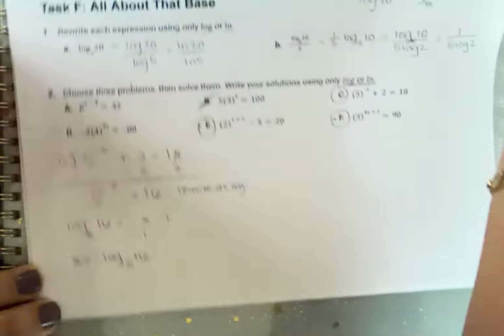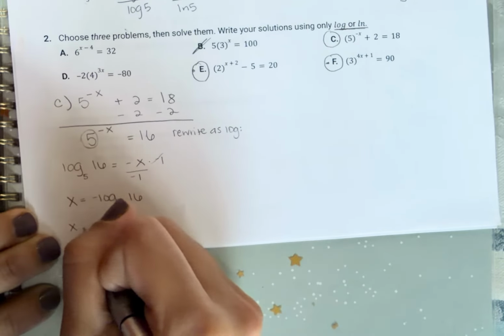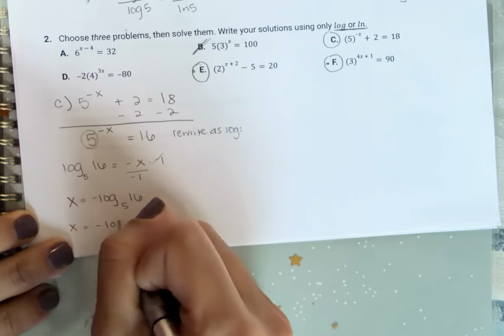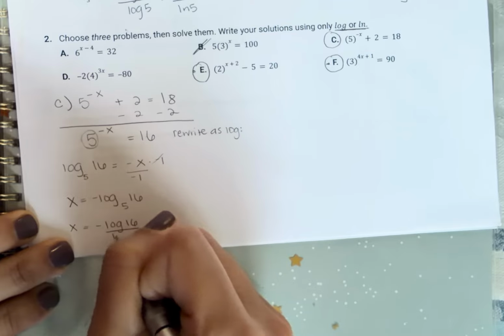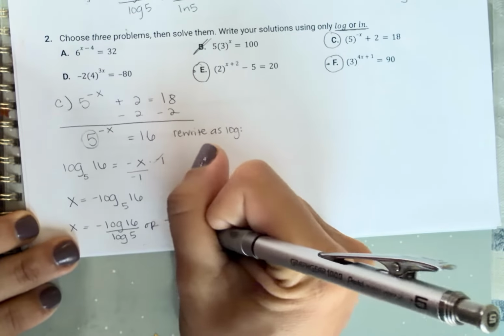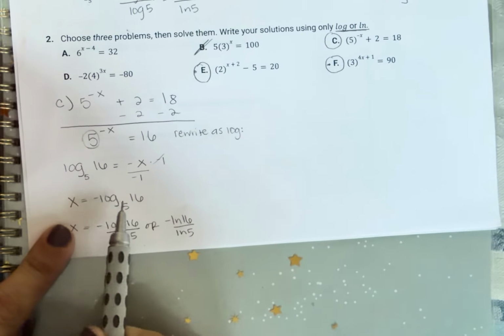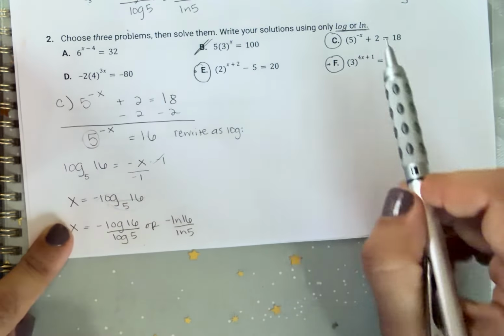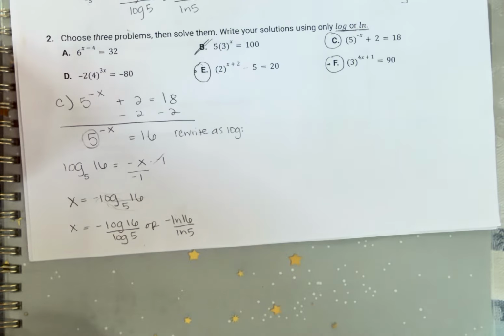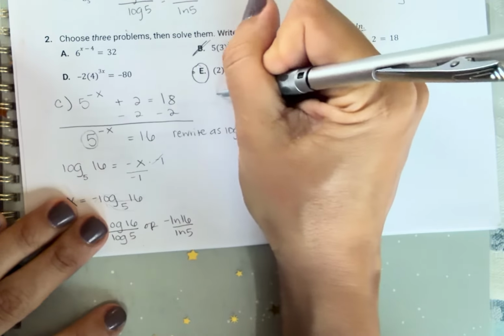And now, I personally think it's pretty chill to say this equals negative log of 16 over log of 5, or that it equals negative ln of 16 over ln of 5. So just change of base formula here to turn it into the logs they wanted. All right, I think that's easier. I like it better. Okay, let's look at E.